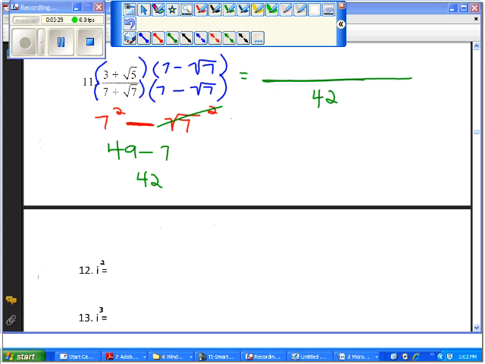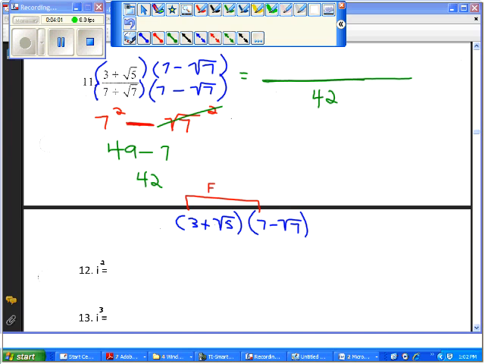Now, the numerator is the product of 2 binomials, 3 plus square root 5 times 7 minus square root 7. Let's just look at that numerator situation. Now, how do you multiply 2 binomials? Well, just about everybody in the world now teaches the FOIL method on 2 binomials. I don't teach that in my Algebra 1 class, but I'm going to use the FOIL method because that's what you are used to now.